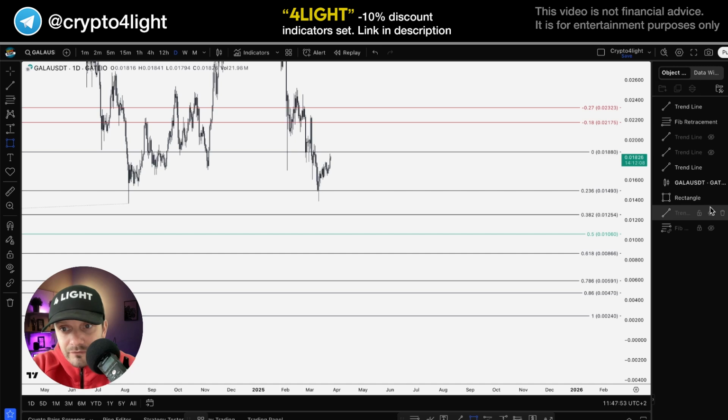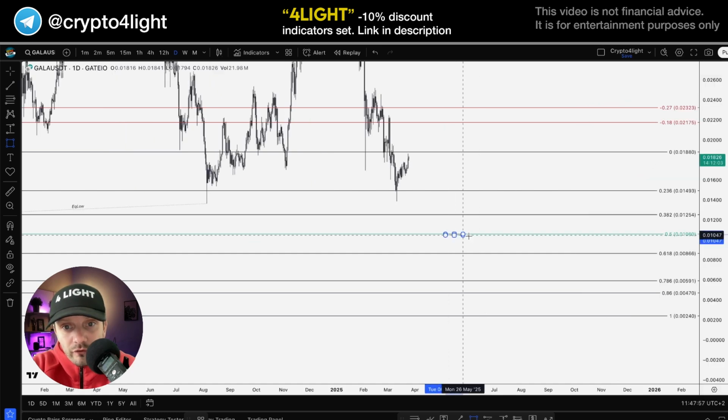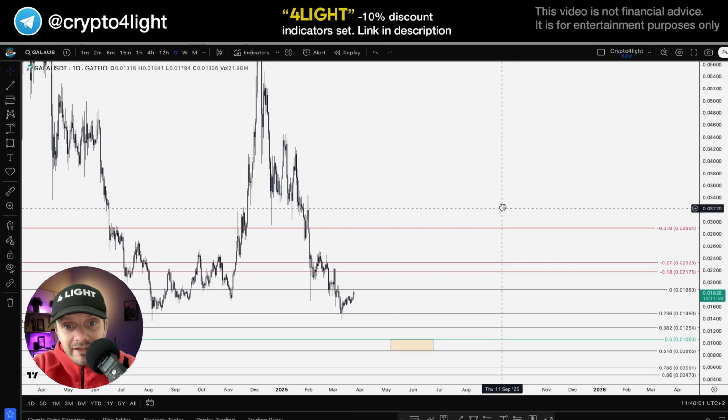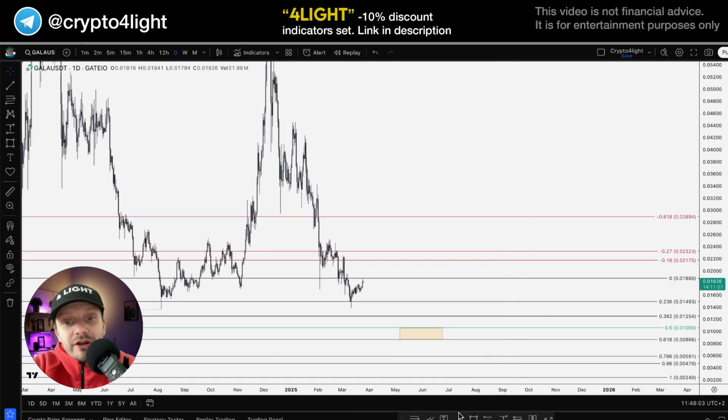This one, guys, is basically the zone of interest for Gala Games. And keep in mind, if we see this drop, it's not unnecessary, so we will see it now. We can see it at this zone, for example, in the next bear market. And this will be the first okay zone to accumulate Gala Games.